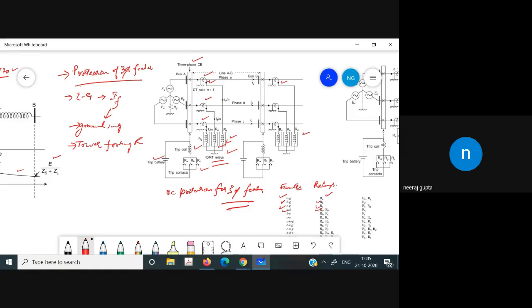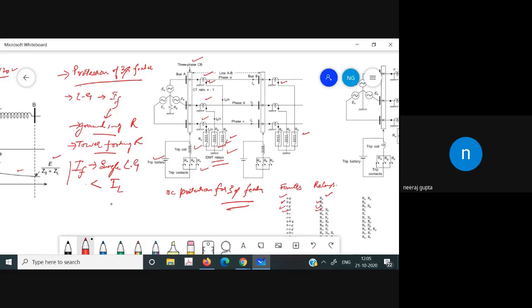And it may happen that sometimes the value of this tower footing resistance is very high, and the grounding will be such that the resistance value is very high. In that case, it might happen that the fault current in case of a single line to ground fault can be less than the load current.